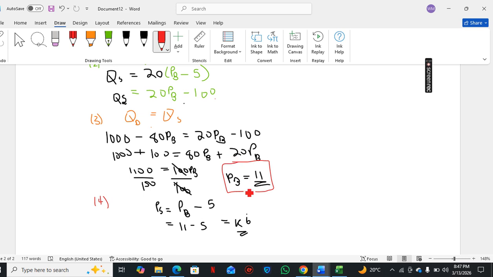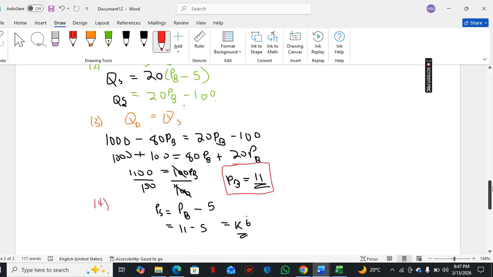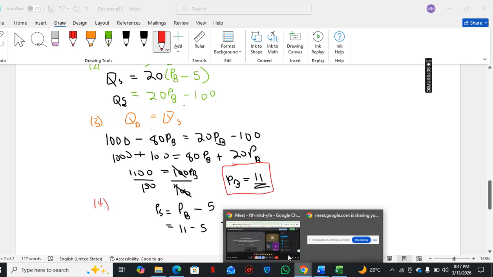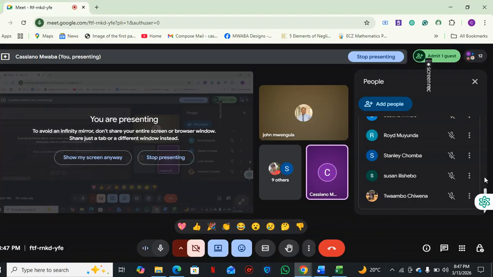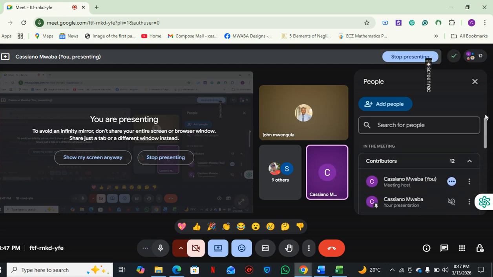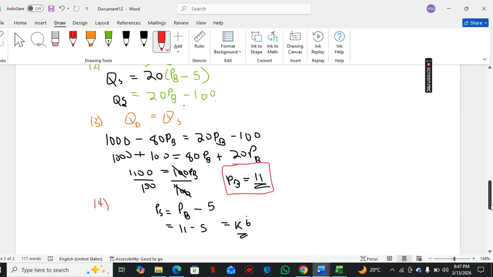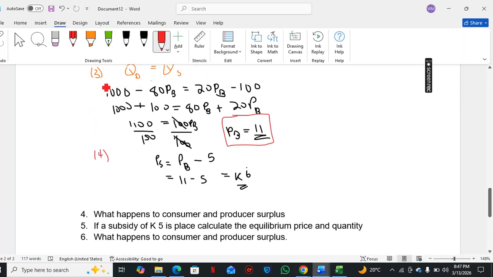But if you use the original supply function, 20 PS, you're going to use PS equals 6. So let's get our new quantity. Step 5: get the quantity.